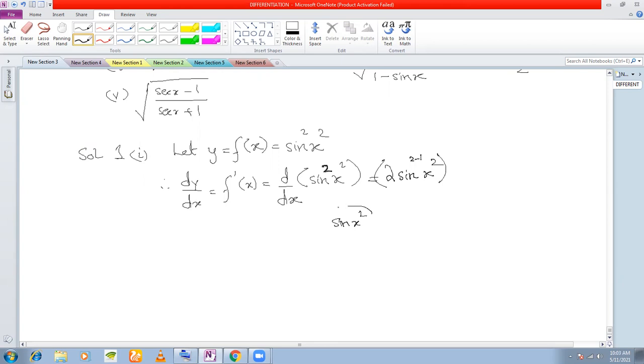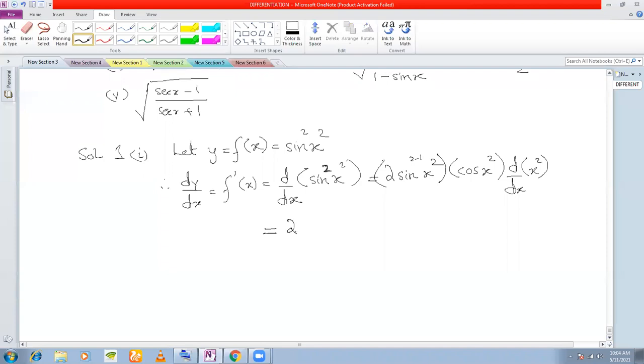So now we differentiate the base. If you differentiate the base, what do you get? Cos x square. See, I'm maintaining x square till now. Now what is within the sine here? x square. That means into d/dx, now differentiate x square. Understood? Devanjan, you understood?